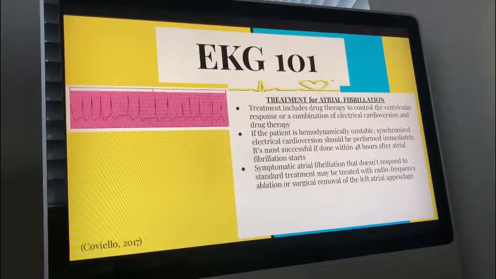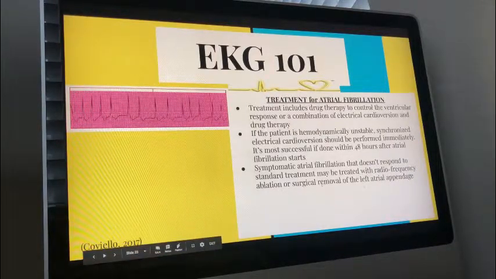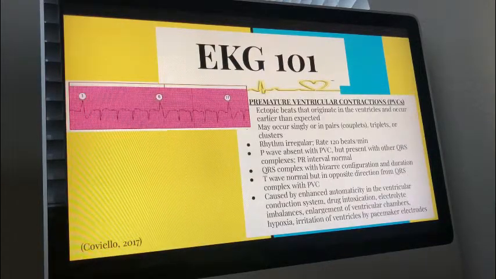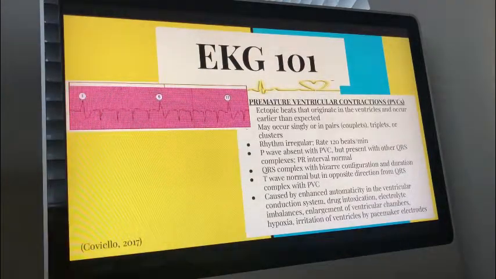It's most successful if done within 48 hours after atrial fibrillation starts. Symptomatic atrial fibrillation that doesn't respond to standard treatment may be treated with radiofrequency ablation or surgical removal of the left atrial appendage.